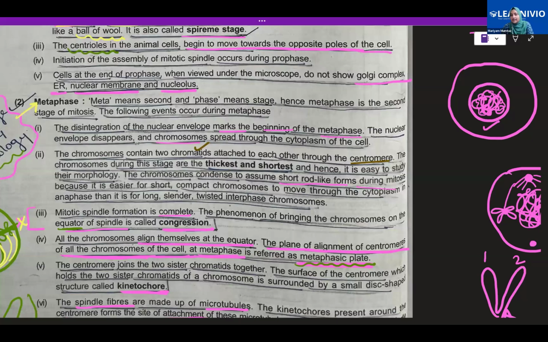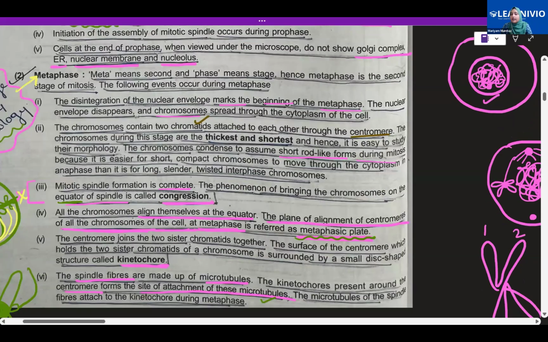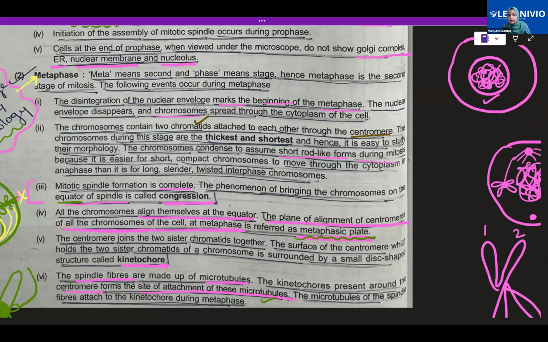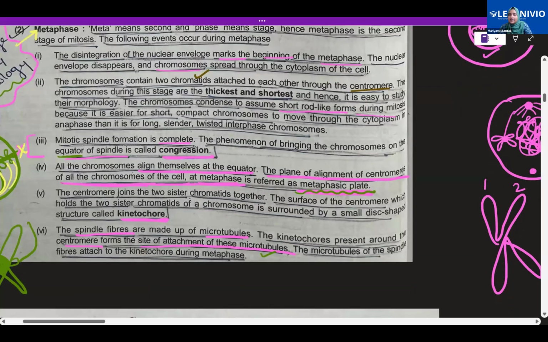The chromosomes condense to form short rod-like structures, right? And then they start to align themselves. This process of aligning is called congression. Congression means the process of aligning of the chromosomes on the equator. After they have aligned, we call it the metaphasic plate.